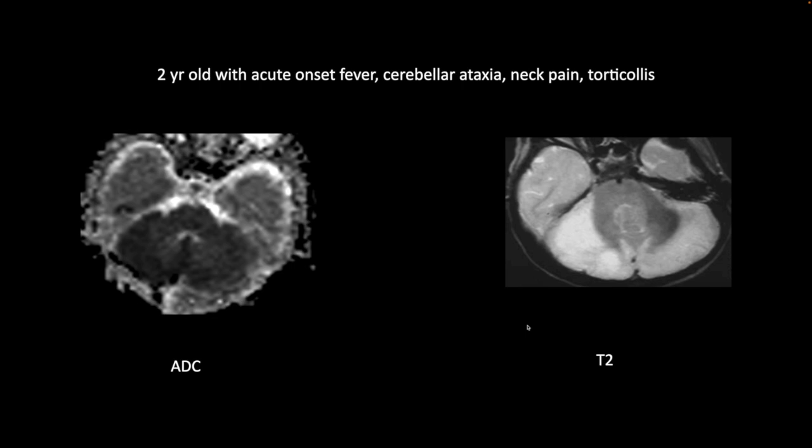More focal cerebellar involvement, a 2-year-old with acute onset fever, cerebellar ataxia, neck pain, and torticollis. We have edematous changes in the cerebellum, right more than the left. And these were characterized as acute cerebellitis, and this child had, again, varicella. So again, cerebellar involvement can also be seen in varicella-related infections.